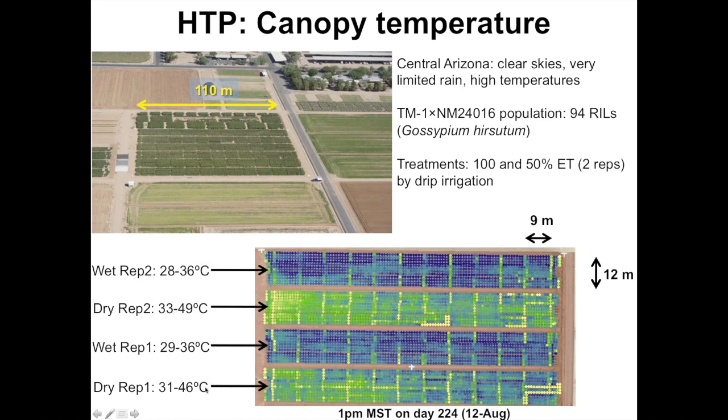If you follow my cursor here, we have dry rep 1, wet rep 1, dry rep 2, and wet rep 2. You can see the 100 or so plots for dry rep 1 are a light greenish color compared to this royal blue color. The greener it is, the hotter it is, and the bluer it is, the cooler it is.